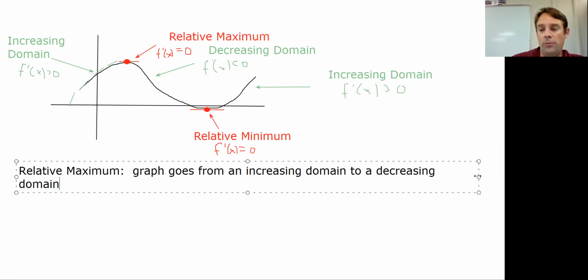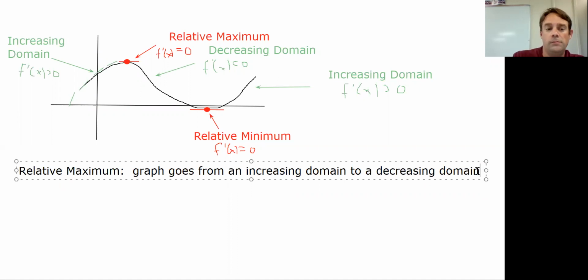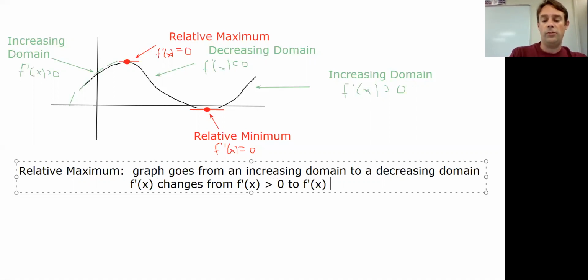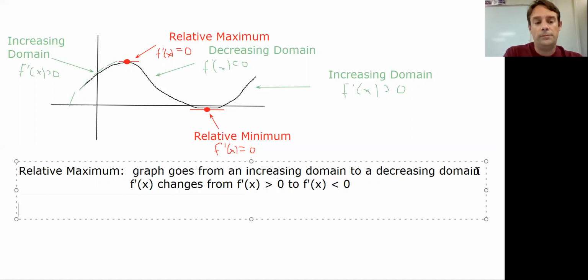If we want to put it in terms of first derivative, it's where f prime of x changes from increasing, which is where our derivative is greater than 0, to decreasing, which is where our derivative is less than 0.